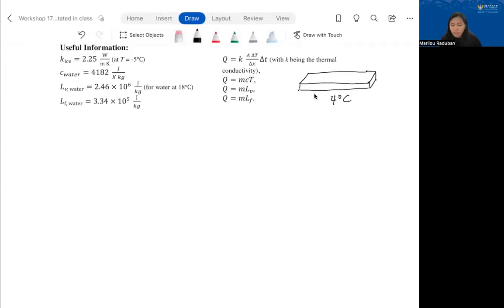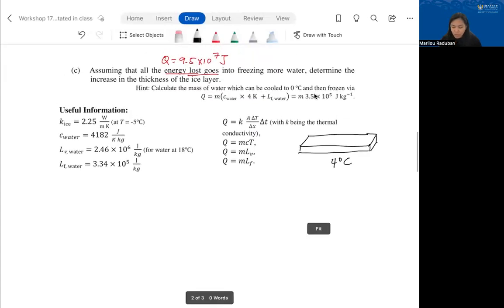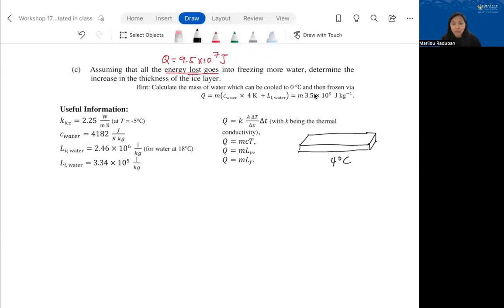So the water underneath is at 4 degrees Celsius, and we need to freeze this water in order to add to the thickness of the ice layer. Last time we learned that this 4 degrees Celsius water will not freeze instantly, right?